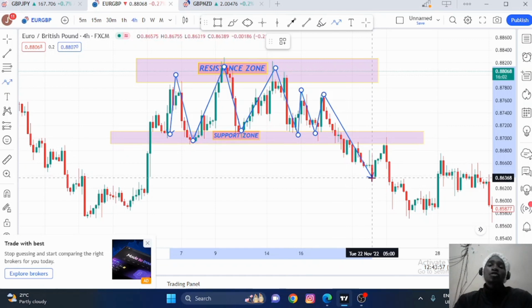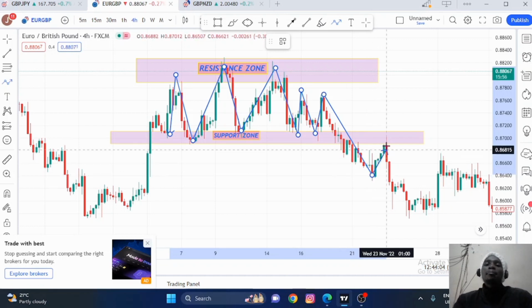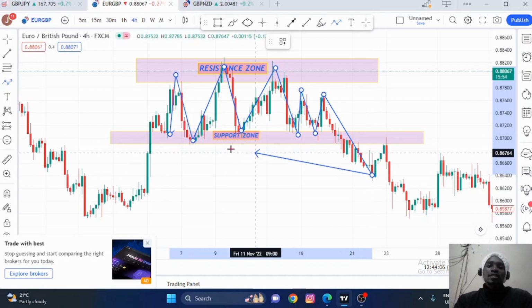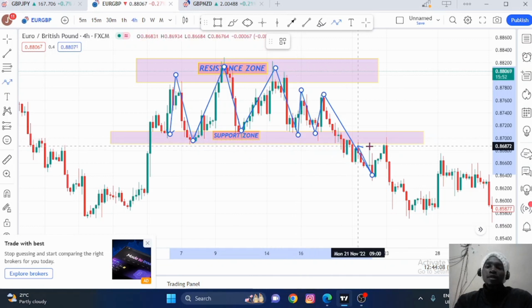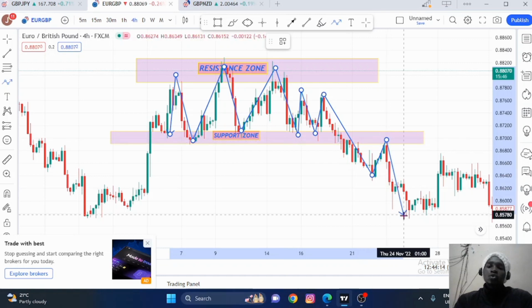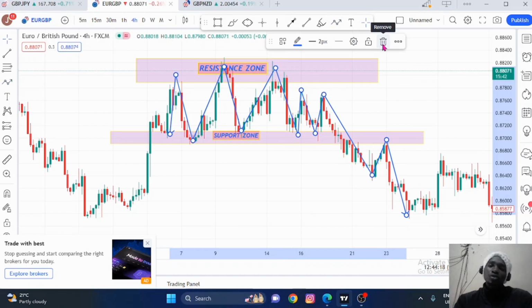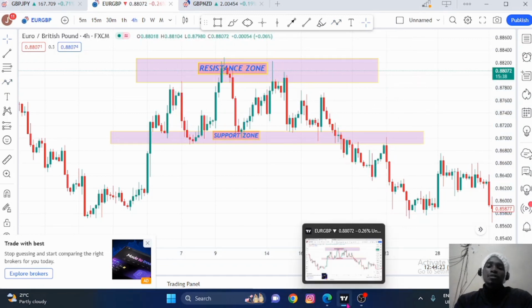First of all, the zone must be broken. Then after breaking the zone, the market must come back to retest this zone in this manner, and then you're going to have your own sales or short positions in that area, and you're going to have your trades running like that, and you're going to make some few boxes.